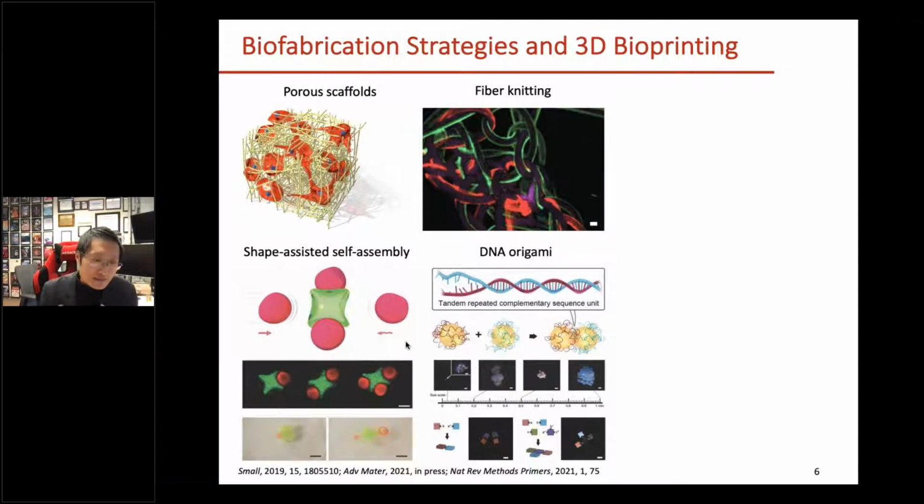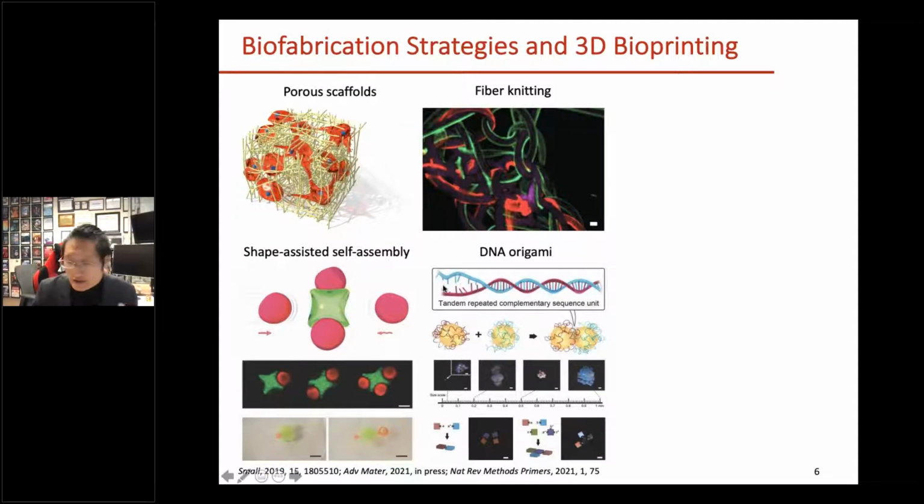A lot of these methods have been really great for modeling or engineering tissues. But the issue is that they're mostly based on manual operations, meaning that if you make one copy of the tissue, that's probably okay. But if you make tens or hundreds of copies of tissue, that can be pretty labor intensive, and there's also a reproducibility issue, right?